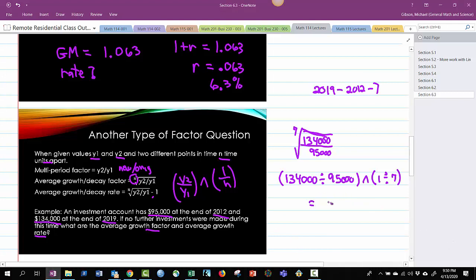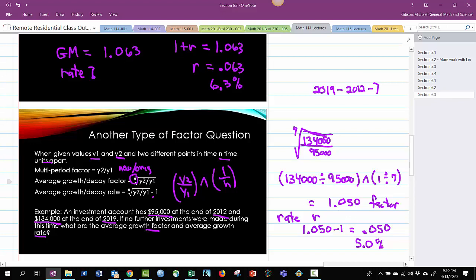And I get 1.050. That is the factor. If I want the rate, that's R, so I just got to subtract 1. 1.050 minus the 1. In other words, the rate is 0.050. That's an annual rate, or if they ask for it as a percentage, 5%.